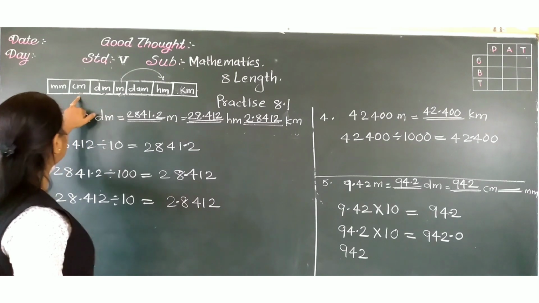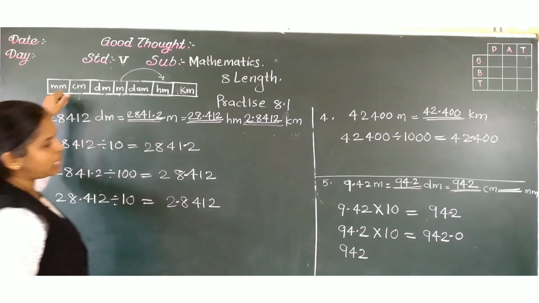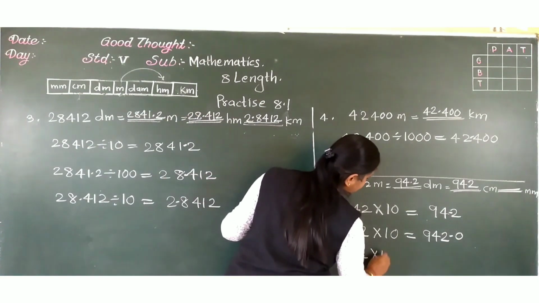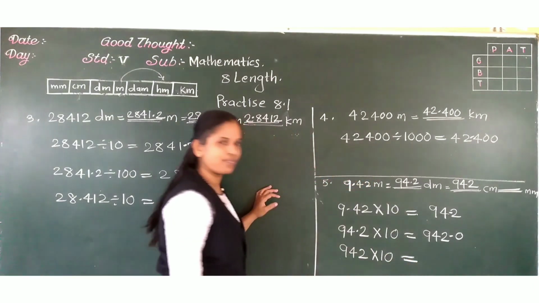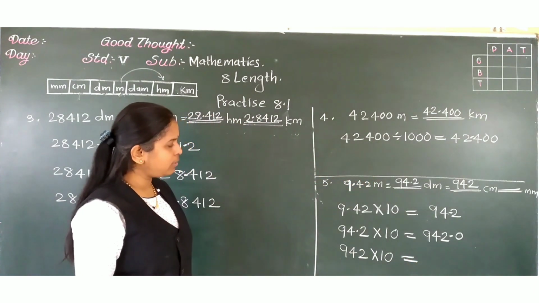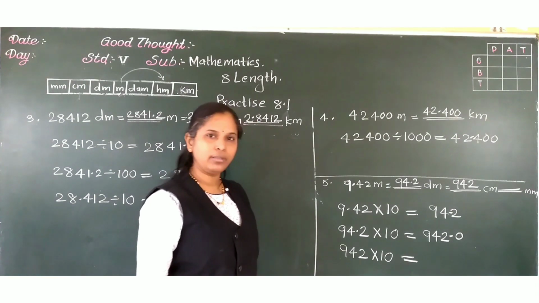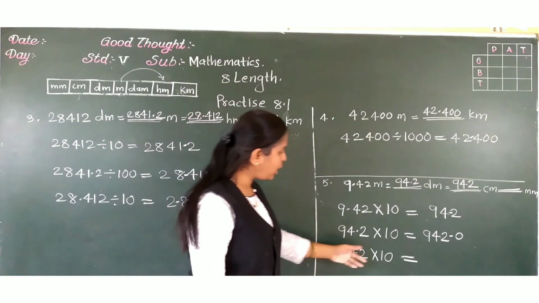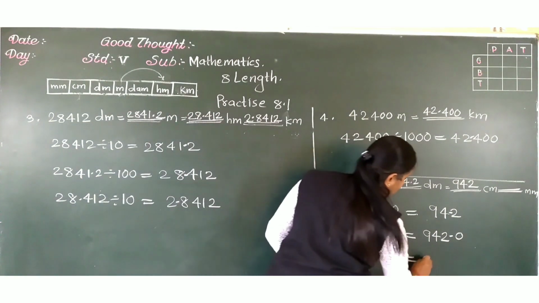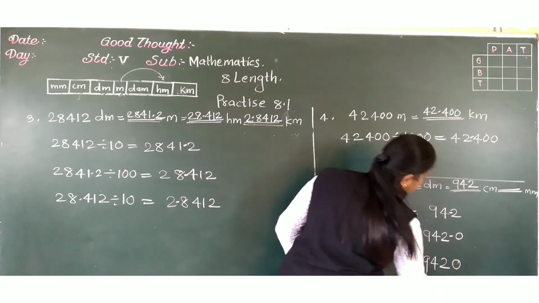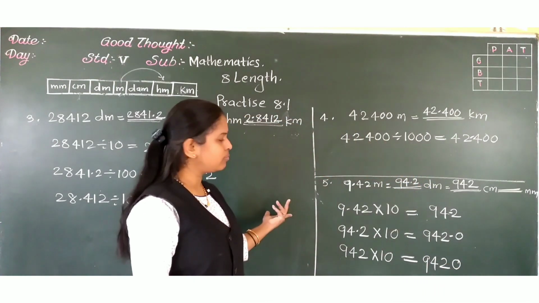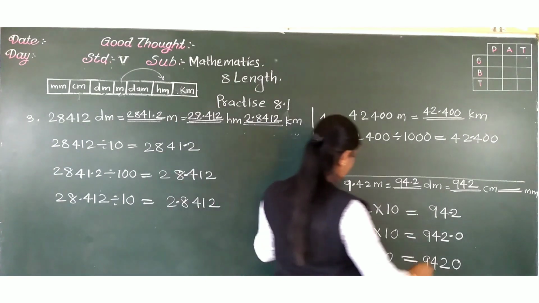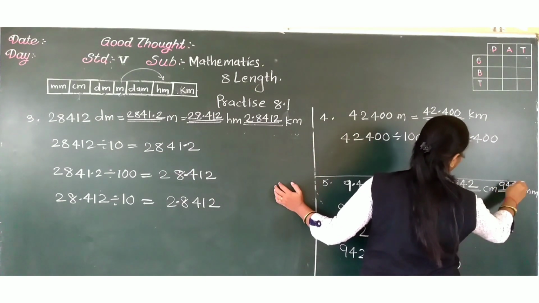Centimeter you will have to convert into millimeter. So multiply by 10. Here there is no decimal point, so only one 0 will be added. That is 9420.